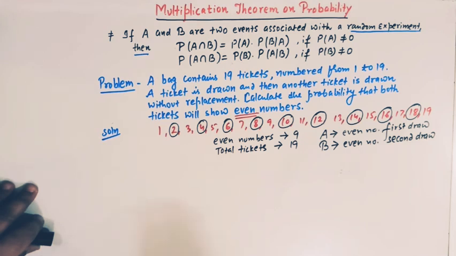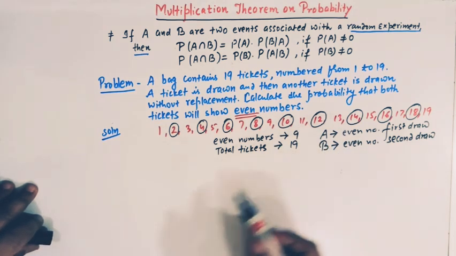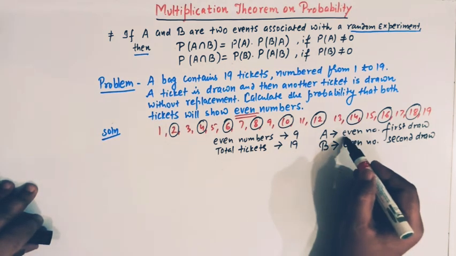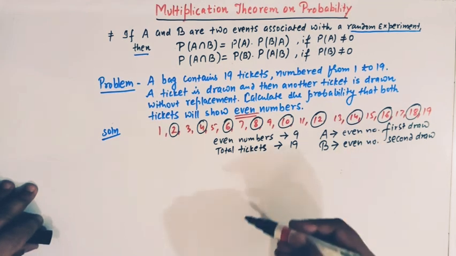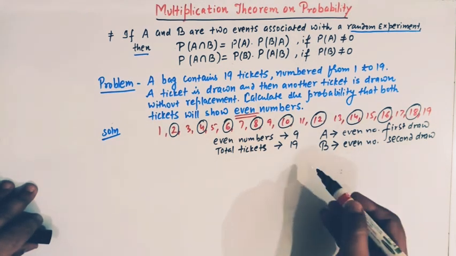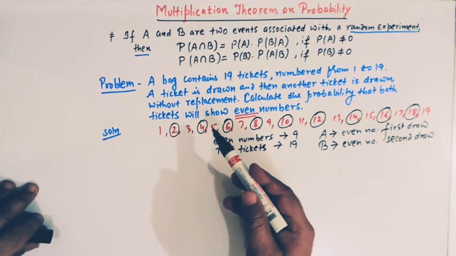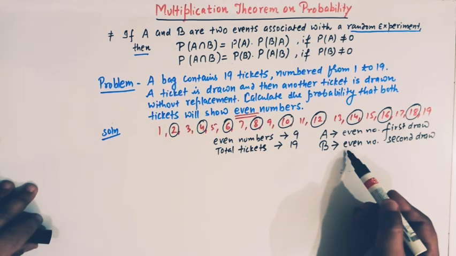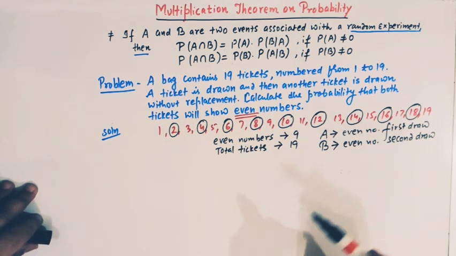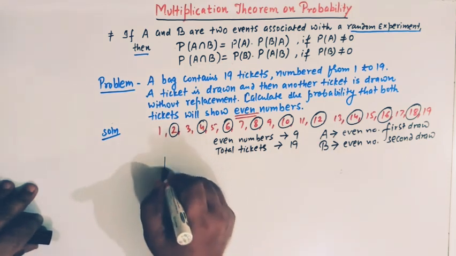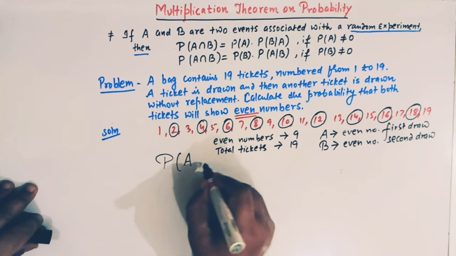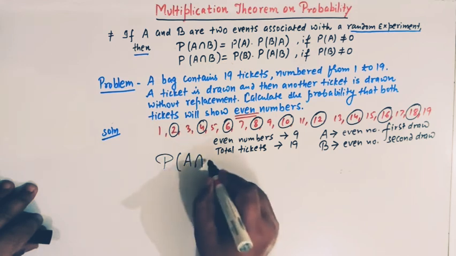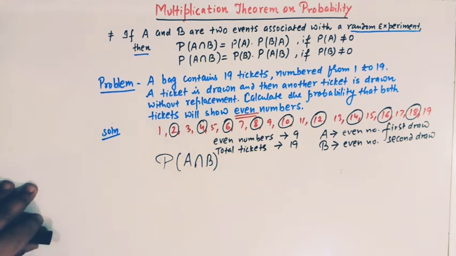So it means in the first draw we want an even number, and then in the second draw, without replacement, we should have an even number. So we have to find the probability of A intersection B.